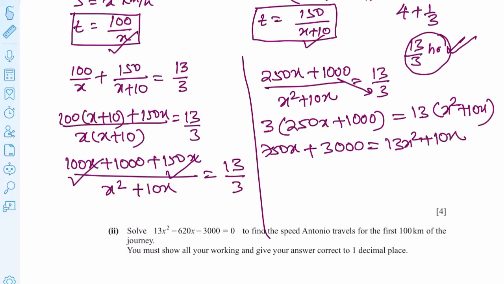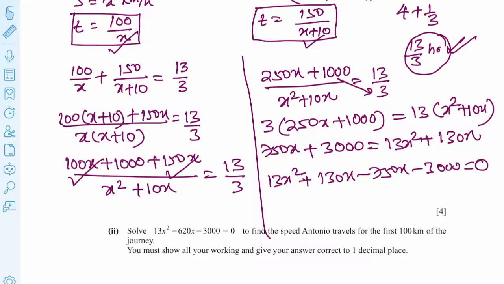So try to bring all the terms to one side. So 13x squared we have, then this one will be 130x, right? So 13x squared plus 130x minus 750x, then minus 3000 equals to 0.